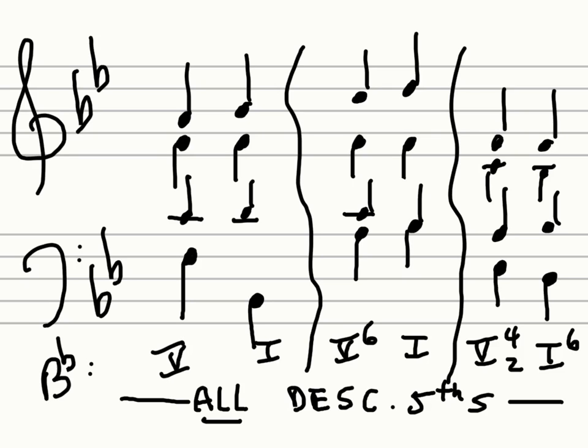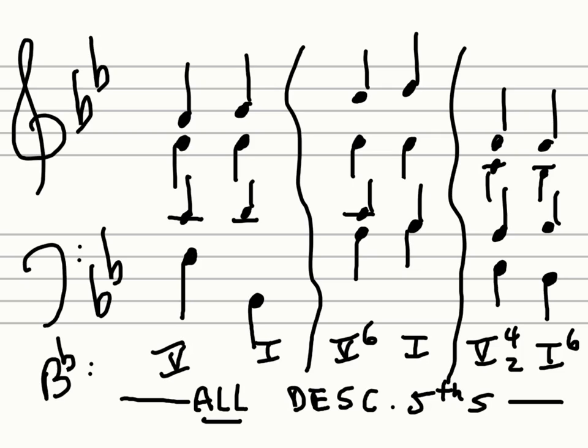Likewise, the 5, 6 to 1 is still a descending fifth progression because the root of the 5, 6, F can move by a descending fifth to the root of the 1 chord, B flat.